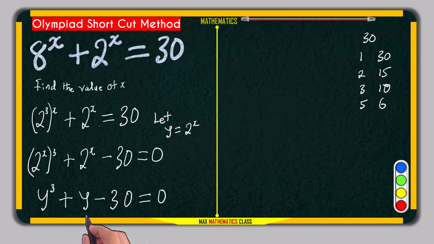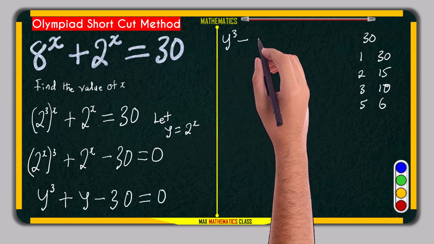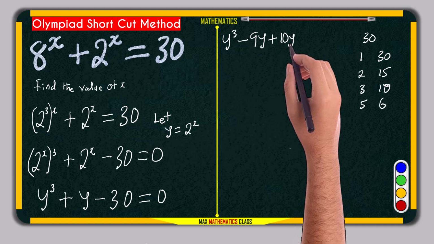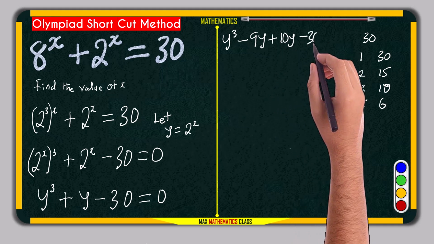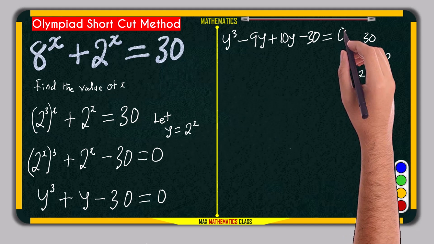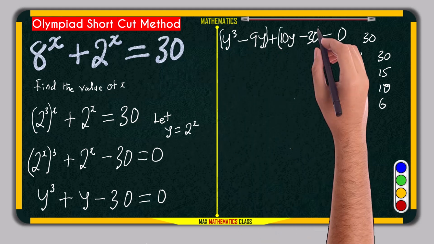So in this kind of equation, this is the way we are going to expand this y, so that we now have y cubed minus 9y plus 10y minus 30 is equal to 0. So if we put this in a bracket so that we can factor them out.